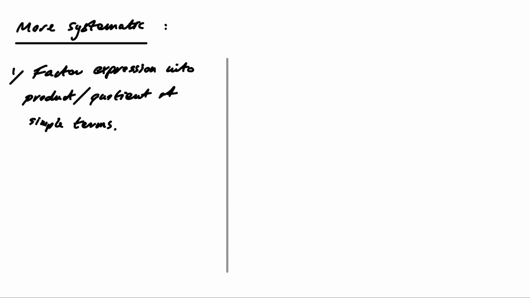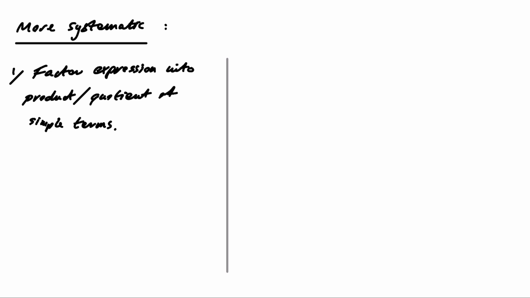Now this obviously isn't completely general, because I could give you an expression where you can't factor it at all. And in that case, in order to do sign analysis, you'll need more sophisticated tools, ones that you're going to learn in calculus. But at this stage, the types of expressions we're going to look at can be factored into simple pieces.